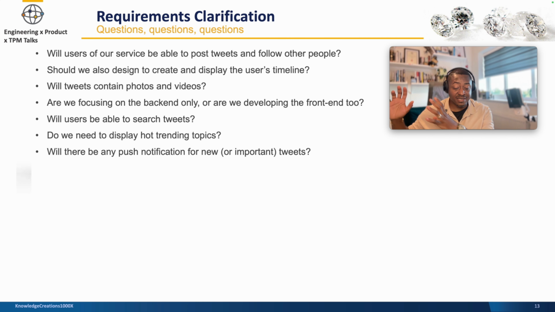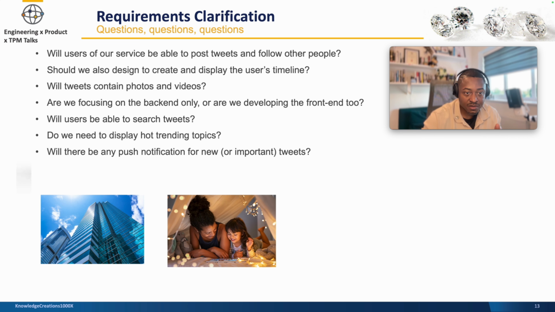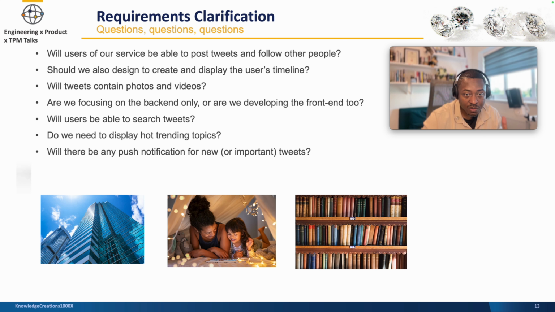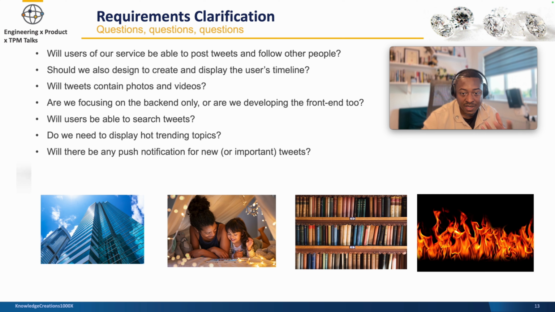Remember, you're not trying to design the actual Twitter, you're trying to design an X or Twitter-like system, which means that the requirements clarification will help you narrow down on what components you need. Do you want to display hot trending topics? Will there be any push notifications? Things like that will help you refine your solution. So you have to clarify those requirements. What kind of pictures do you want? Do you want pictures? Where will they be stored, etc.?